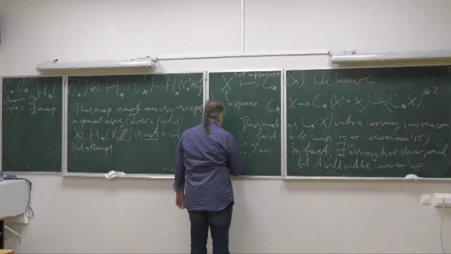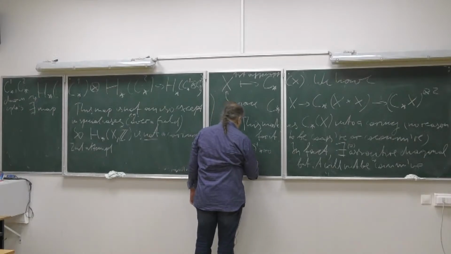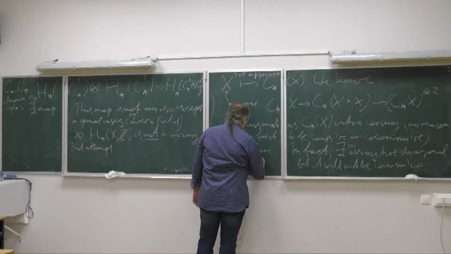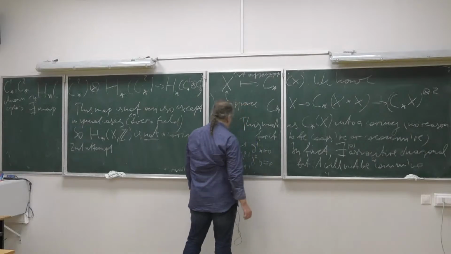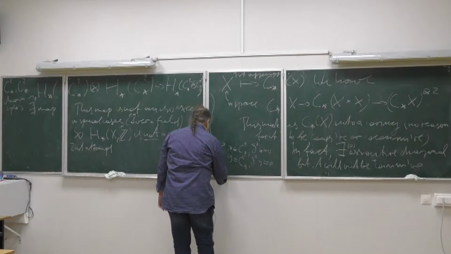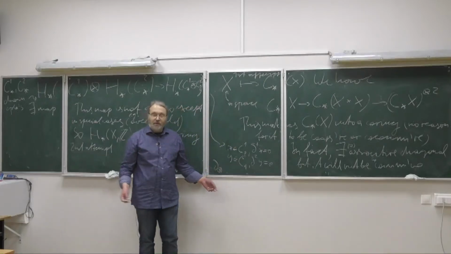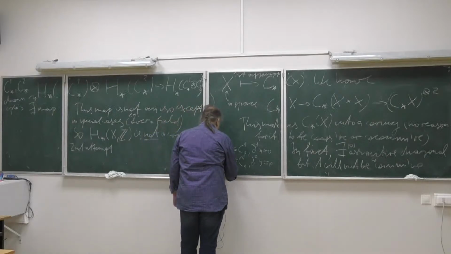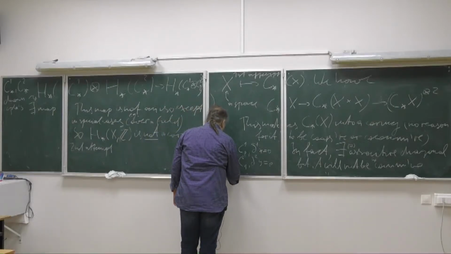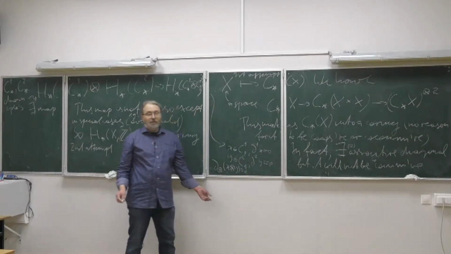Suppose I have a cycle in the second complex, then when I take the tensor product differential and I apply it to x tensor y, I get 0.